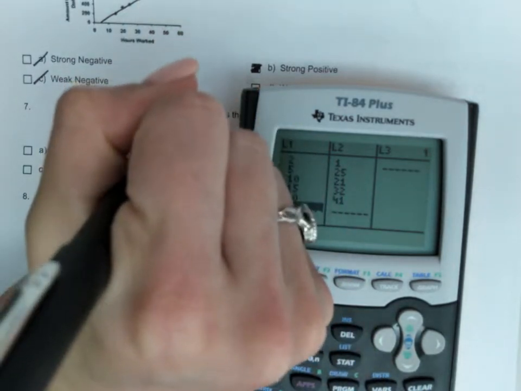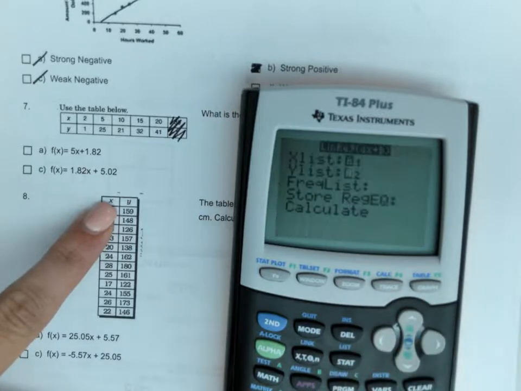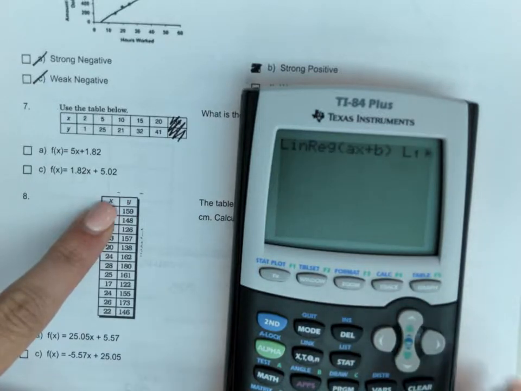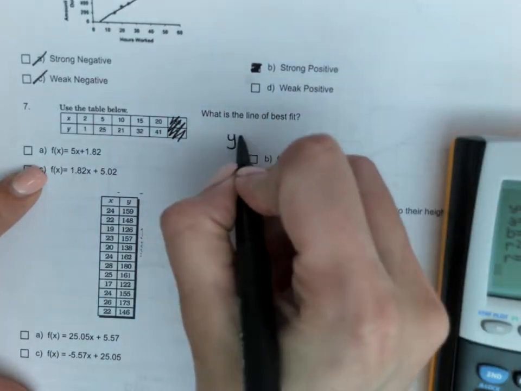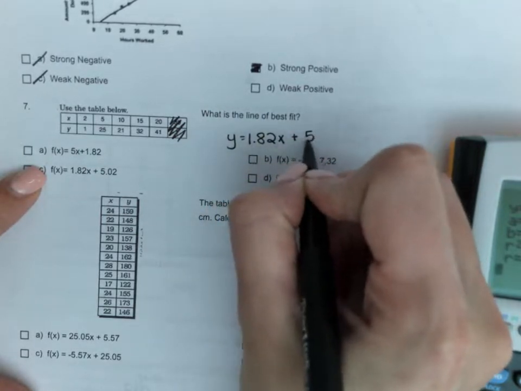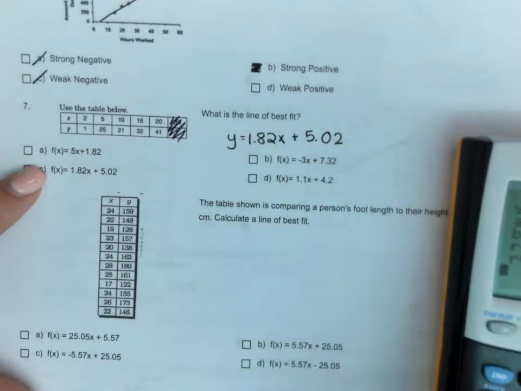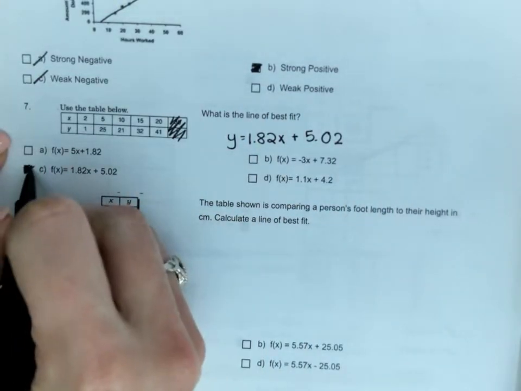So we're just going to delete that since we don't know what matches up with it. Stat right 4. That first value is your x, so 1.82x plus 5.02. That b value is your constant. So C.